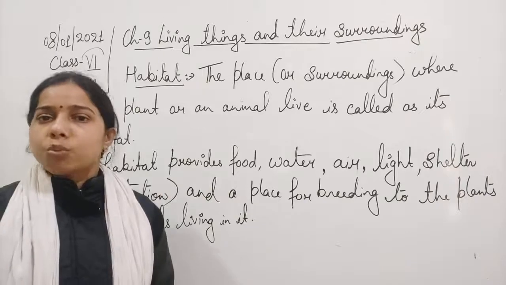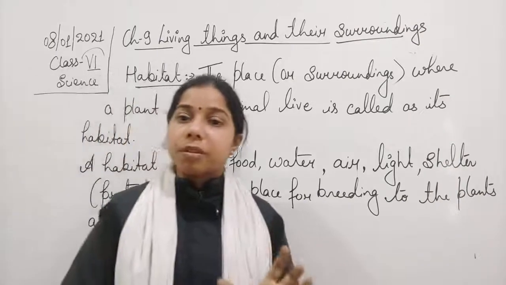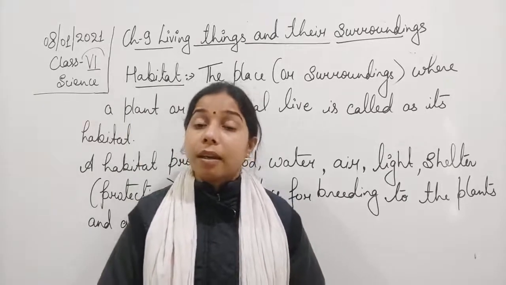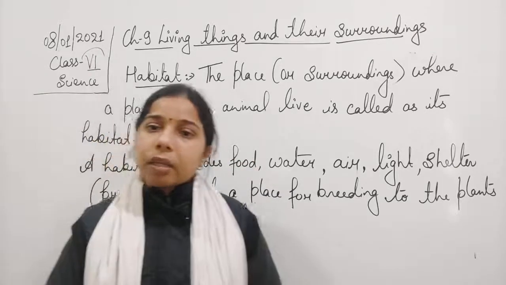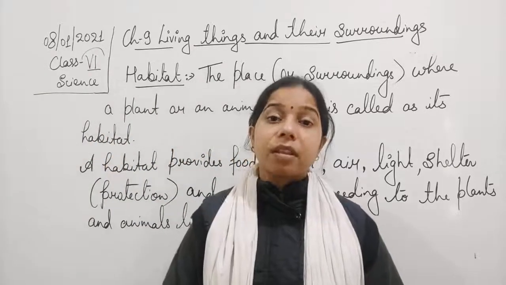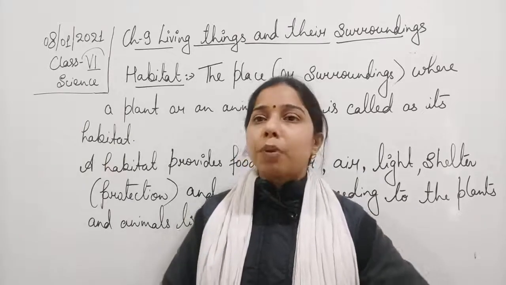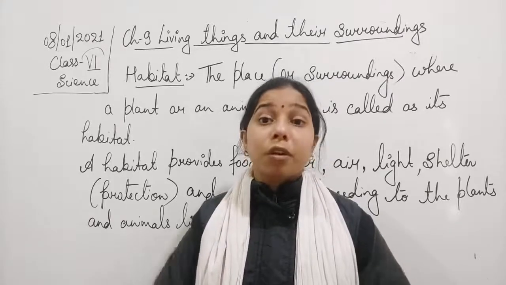So don't get confused whenever this question is asked, what is the habitat. In very simple terms, you will say that habitat is what? It is the surrounding where a living organism survives, where a living organism lives. Now, why is it important to have such a surrounding? Actually, the habitat provides each and everything that they want for their survival, for their growth.